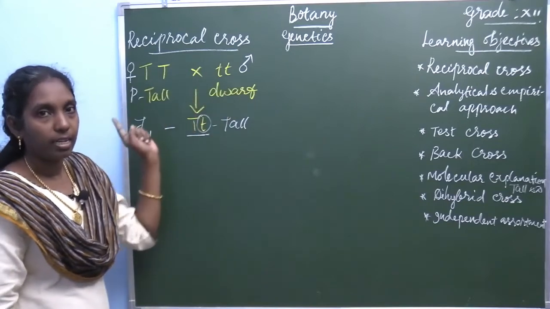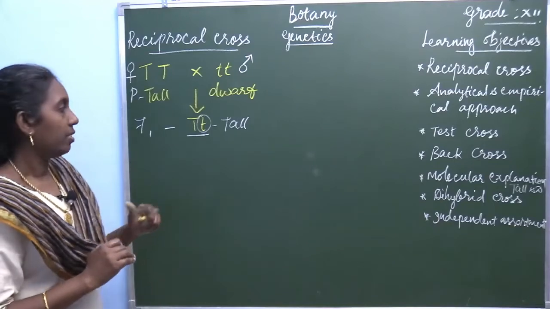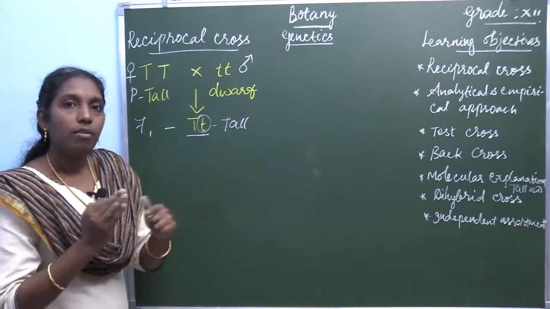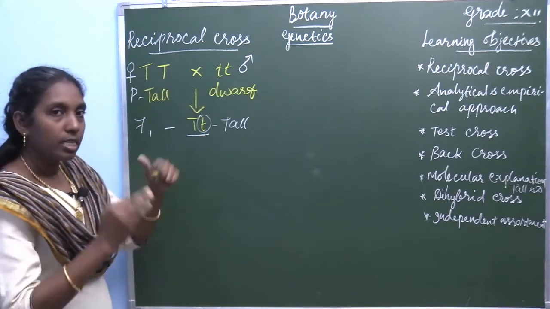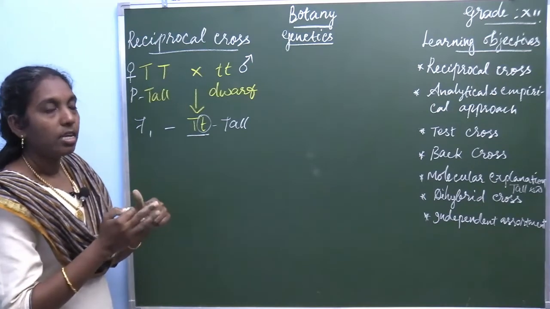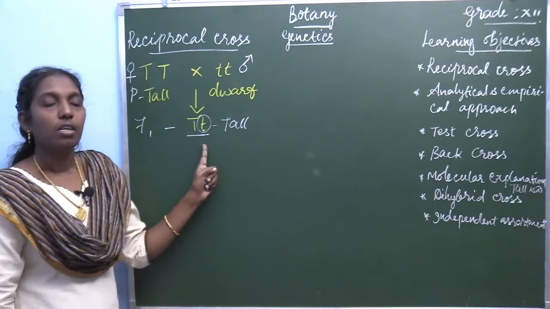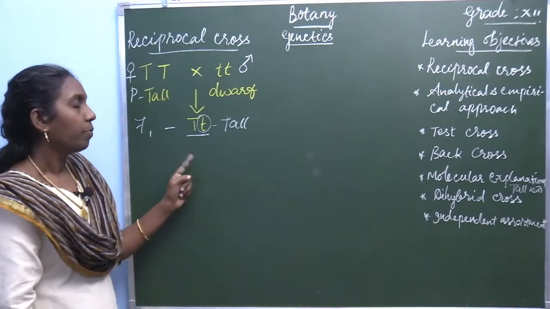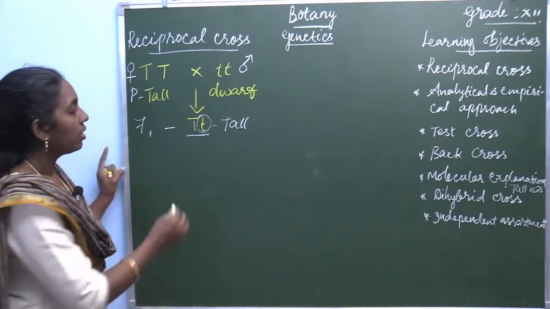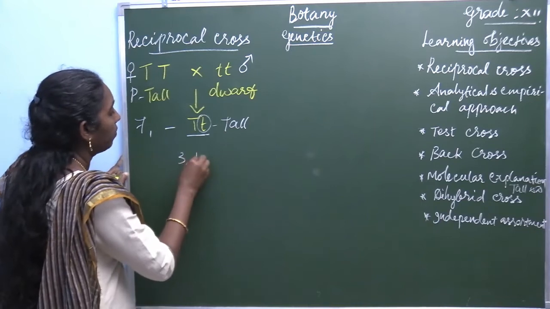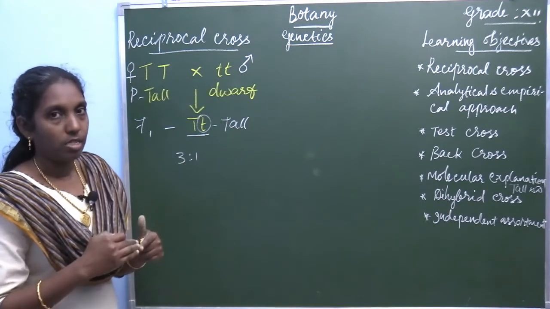A single contrasting character. The character is height of the plant. When two contrasting alleles of one single trait are crossed, the F1 generation produces all tall plants, and the F2 generation gives the ratio 3:1 when these plants are self-crossed.